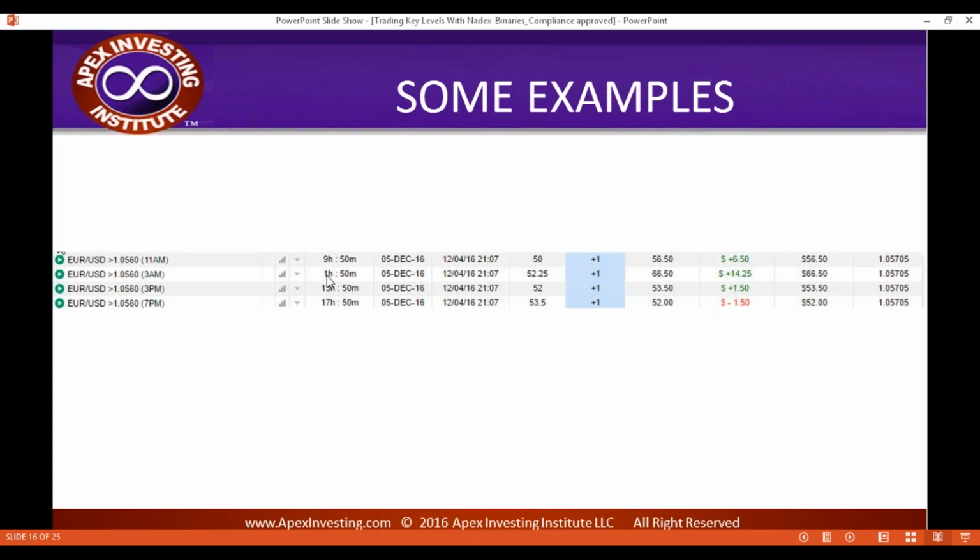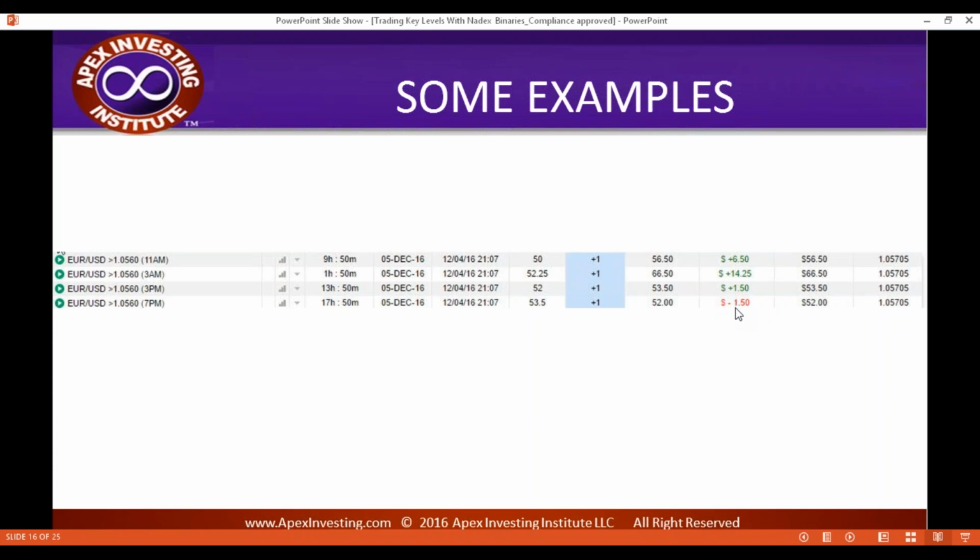The one with the least amount of time to expiration is up $14 in profit. This one that's way out 17 hours is still even in the negative P&L. Do you see that? Does that make sense, guys, what I'm showing you here? How when you go too far out, your value is going to move slow.